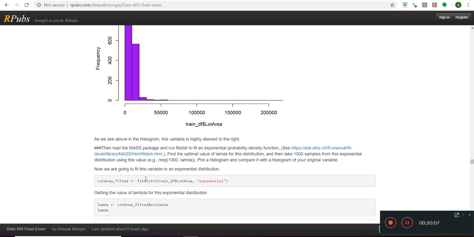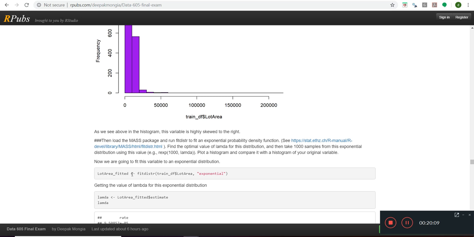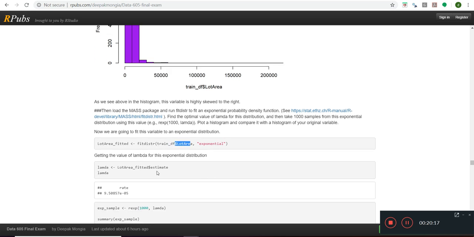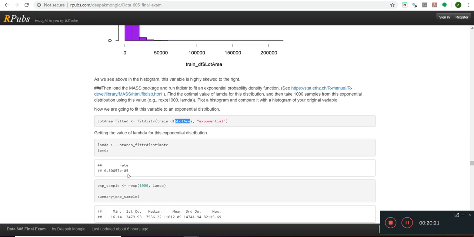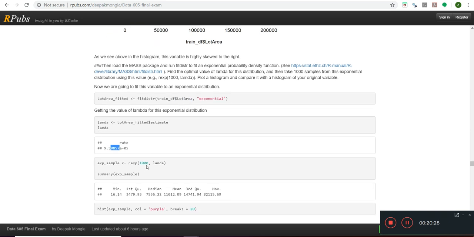So now I'm fitting an exponential distribution to the lot area variable, and then we'll find the lambda. We got the lambda, and it comes out to be this value. Then we'll use the lambda to generate the exponential variables.